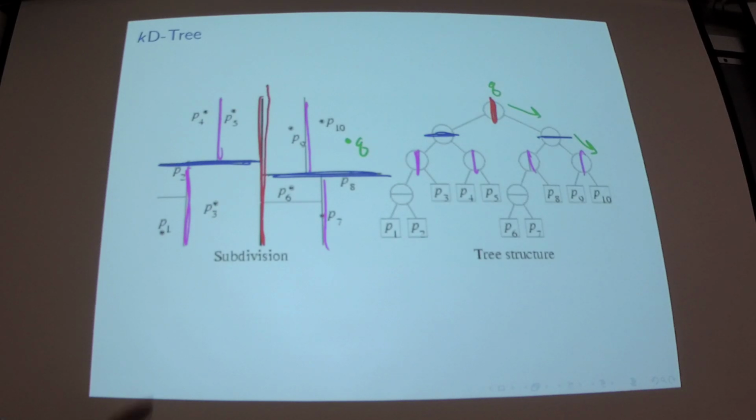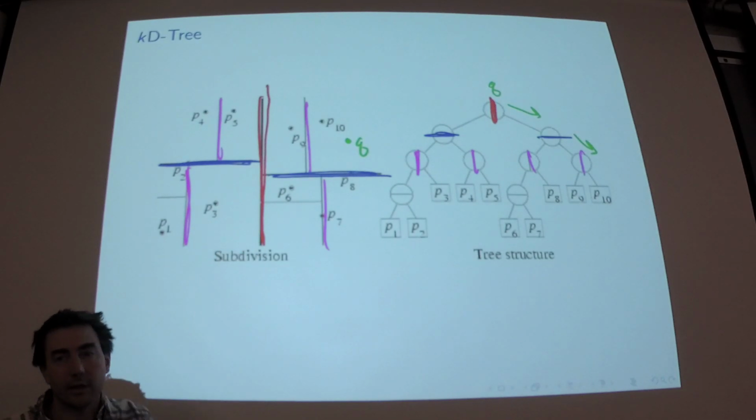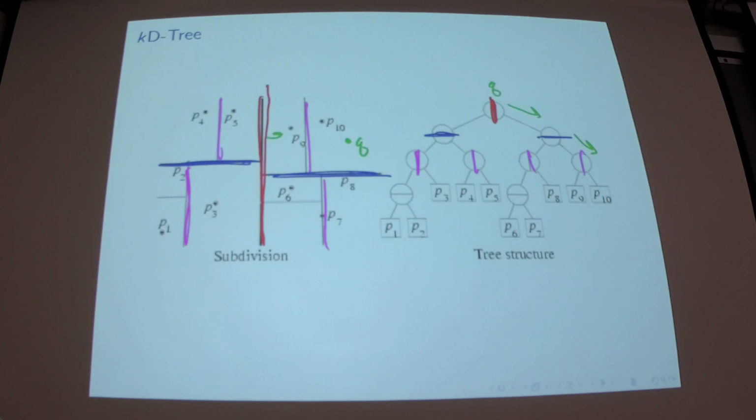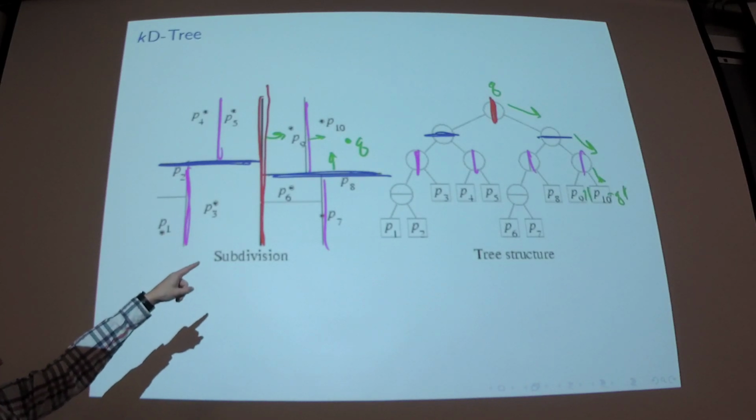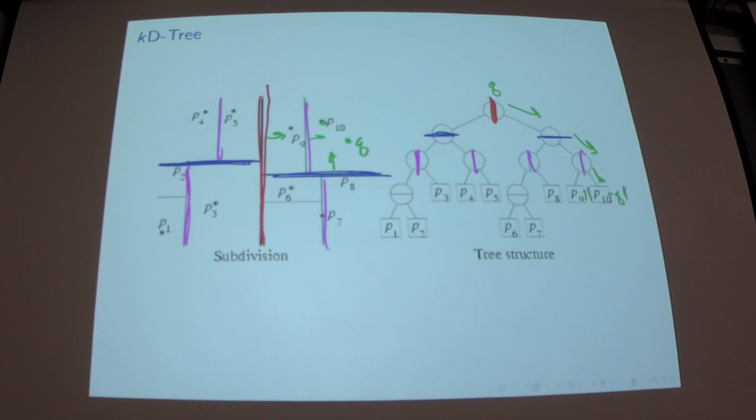Then at this pink line, I go to the right side of it, and that puts me down here. Then I compare the distance between Q and P10, this data point over here.